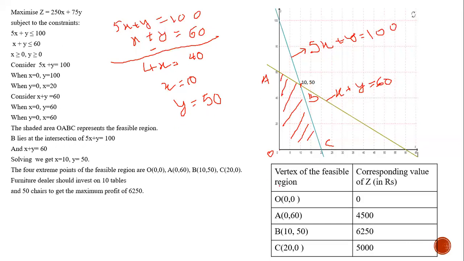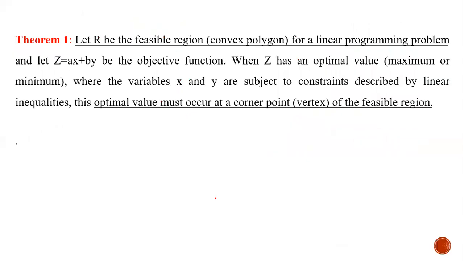Now we know all the corner points. So there is a theorem. I'm not going to discuss the proof of this theorem; you might have already studied it in your 12th standard.